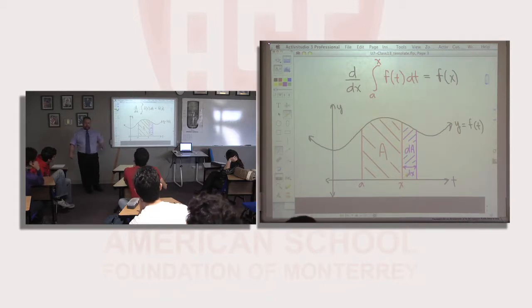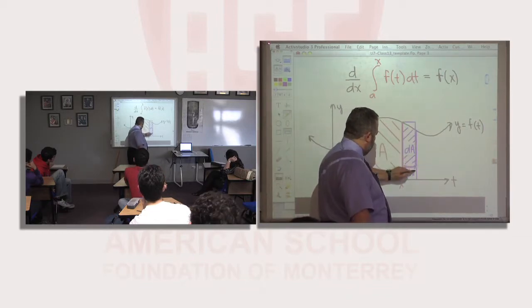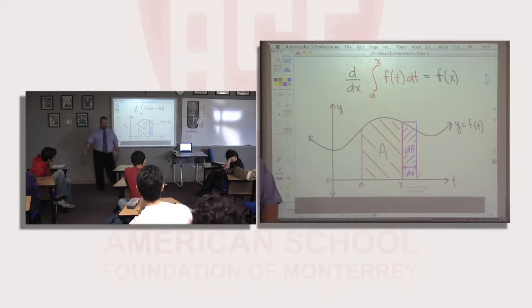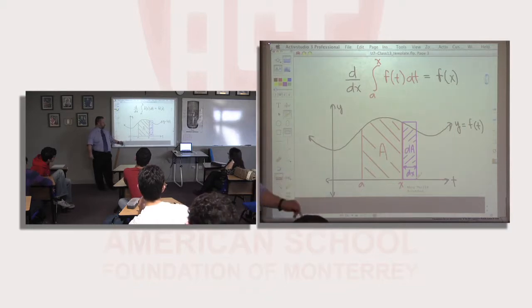We're thinking of this as a rectangle, right? If I think of this as a rectangle, it would be this rectangle, wouldn't it? Area of a rectangle is base times height. The base is dx. The height is f at x, right?